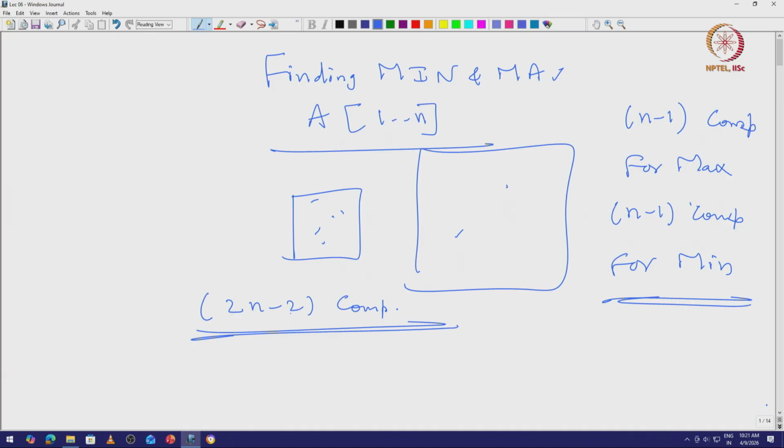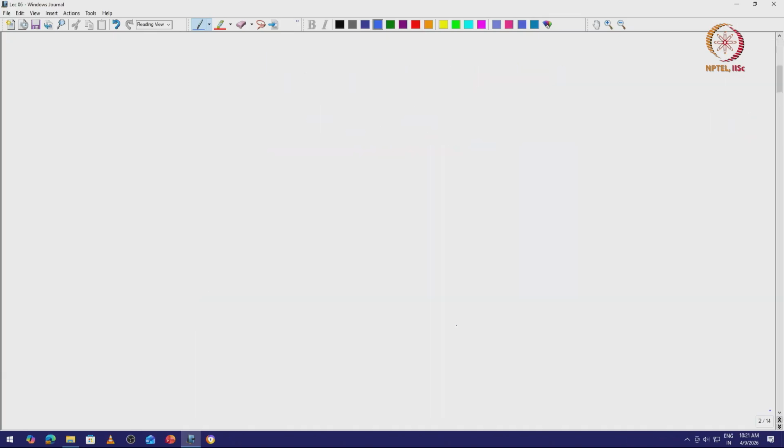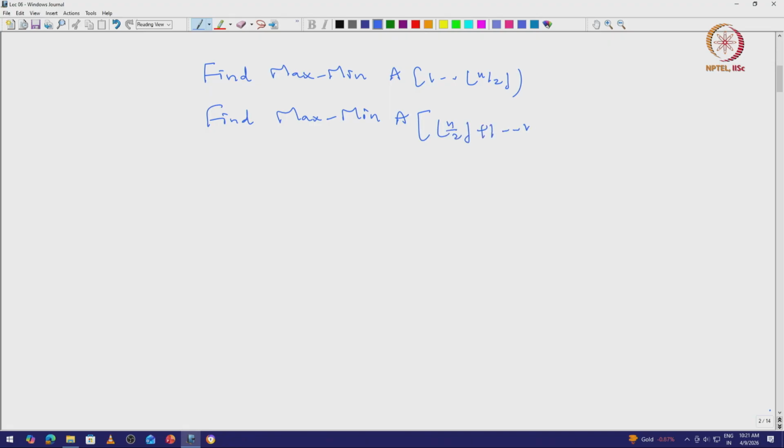The answer is yes, we can have a very simple divide and conquer algorithm. It works as follows. Find the max and min of A 1 to floor n by 2, and find the max and min of the rest, floor n by 2 plus 1 to n.